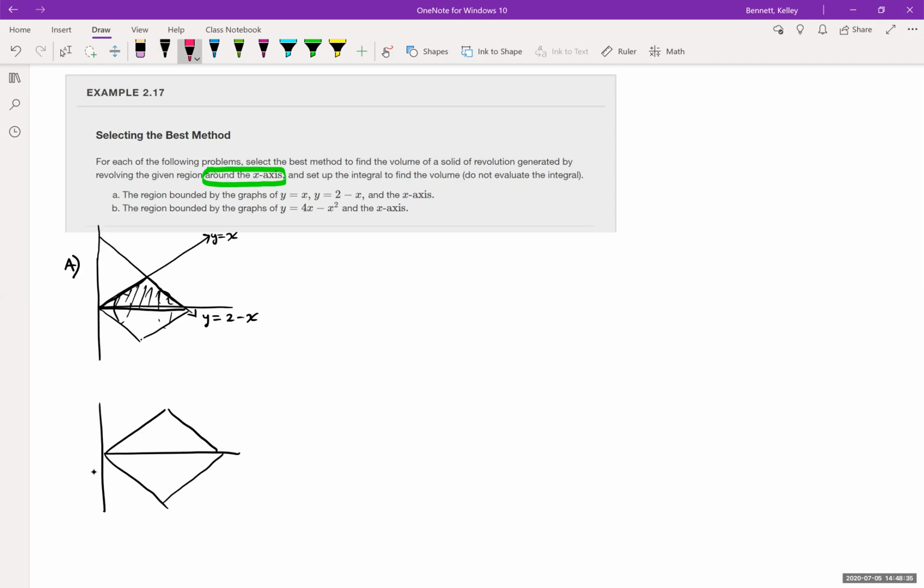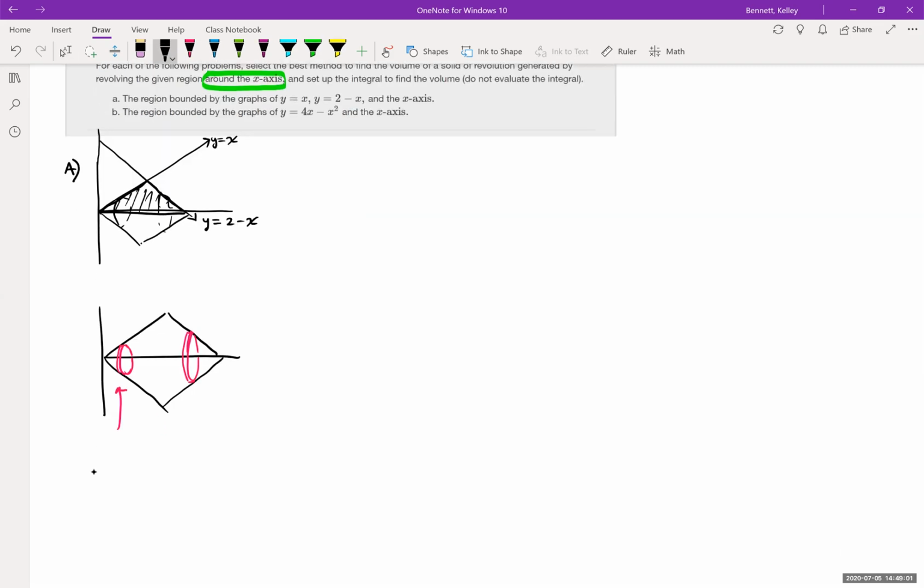So let's say if I started here, I'd have a washer here. But there's also another washer, maybe here as well, that's going to take on a different characteristic. This is the line y equals x, and this is the line y equals 2 minus x.